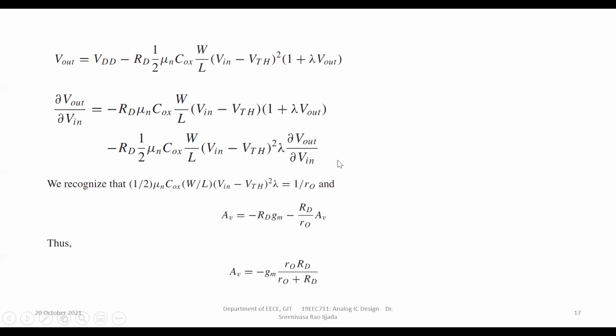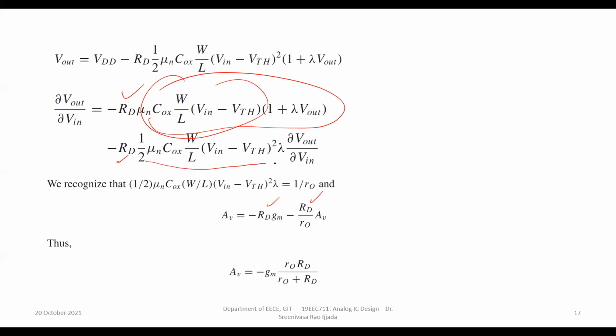This is the RD, this is the GM, GM minus this RD. So this value is 1 by R naught into the voltage gain. R naught is the device resistance.